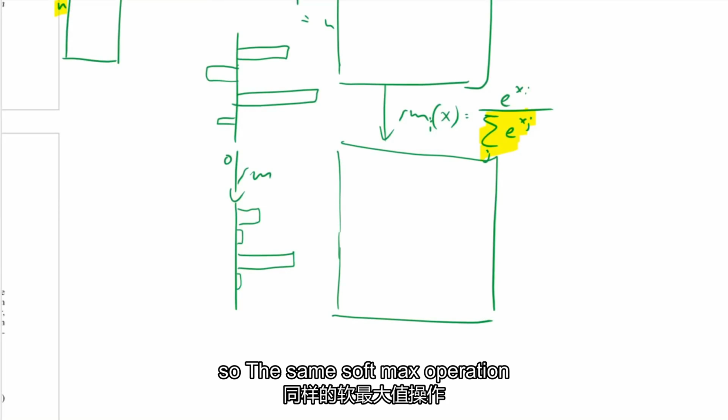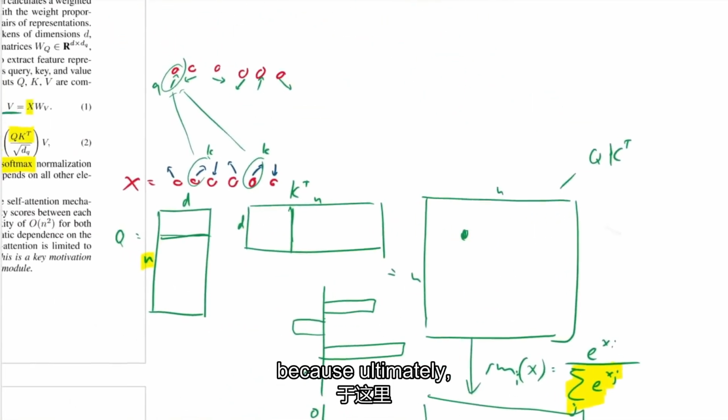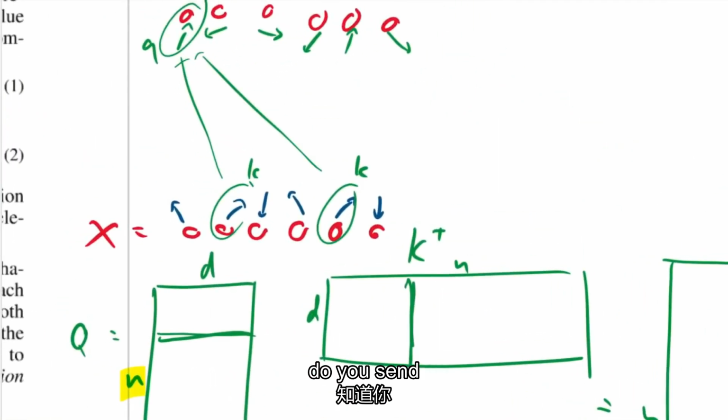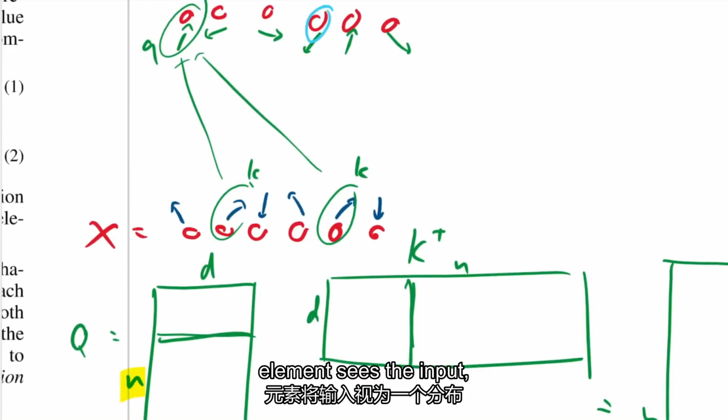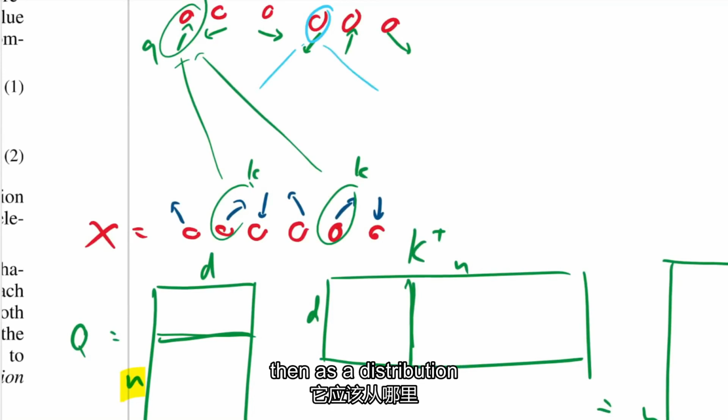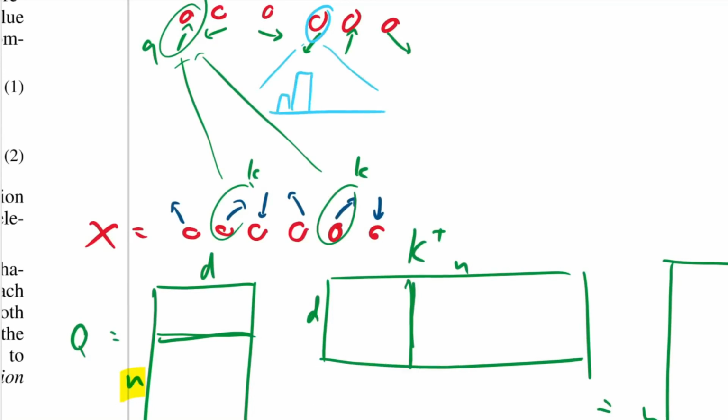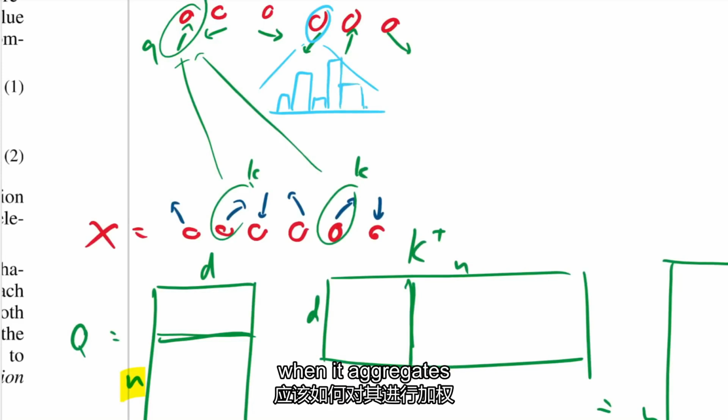So the same softmax operation goes for here, because ultimately you want to know from which point you send information where, and that is going to be a histogram, a distribution. Any sequence element sees the input as a distribution over where it should gather input from and how it should weigh it when it aggregates it.